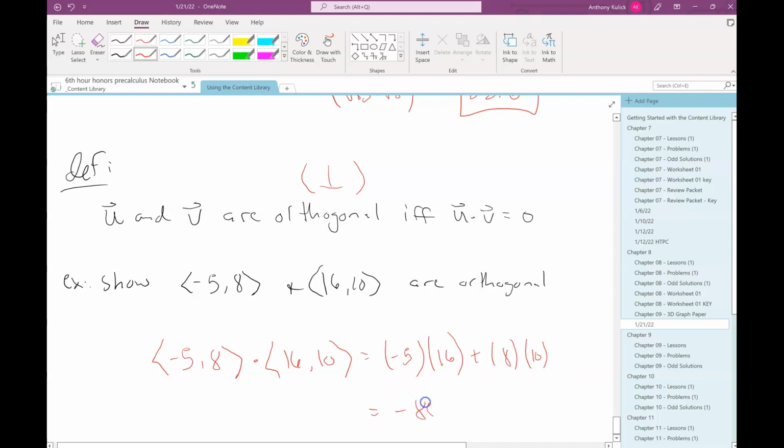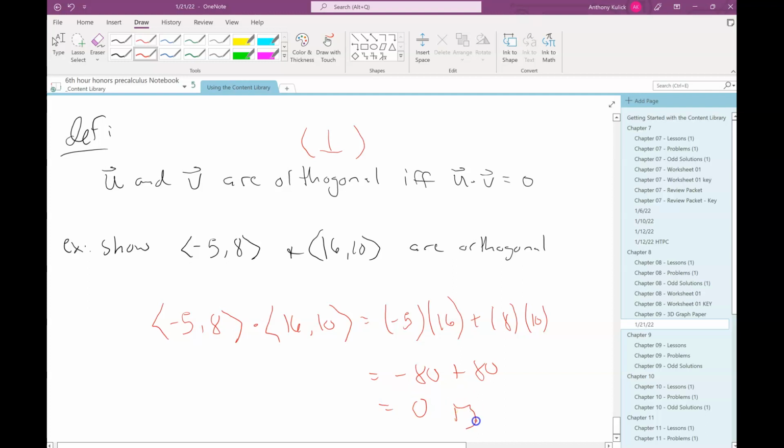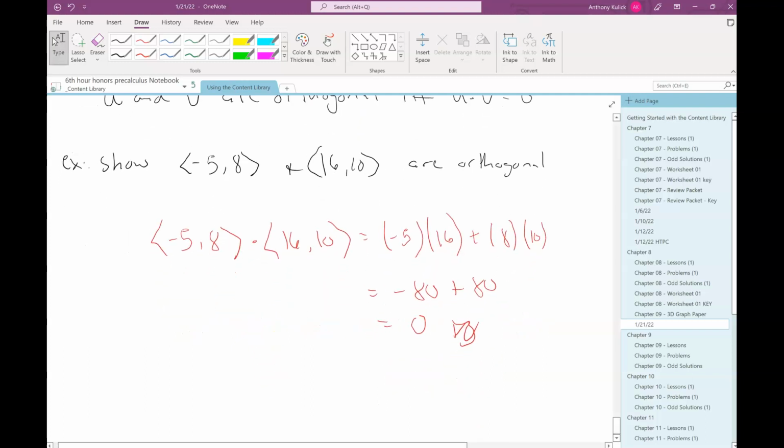So I get negative 80 plus 80, which is 0. And I'm done. Very easy to do, right? Now you have to remember what orthogonal means, that it means the dot product is 0. But the calculation is a piece of cake.